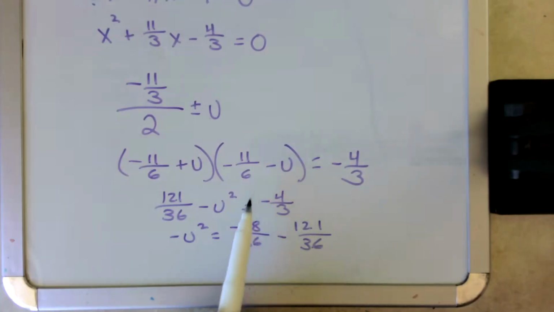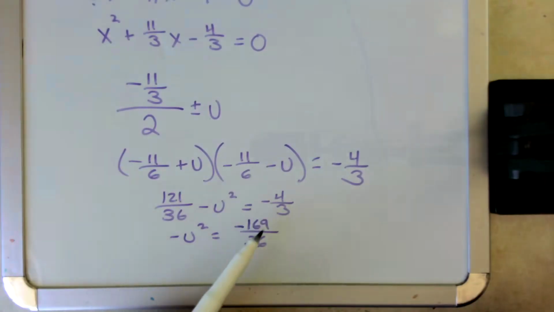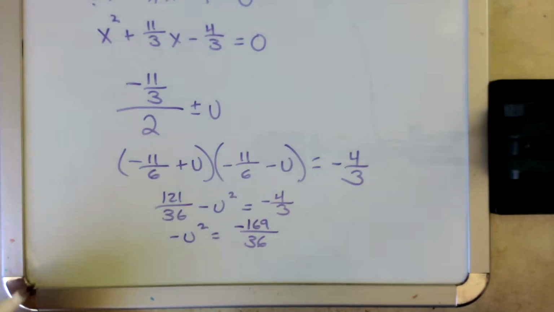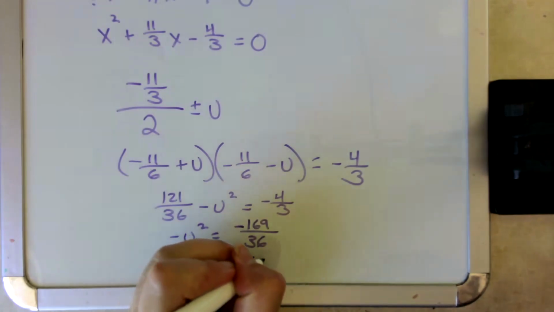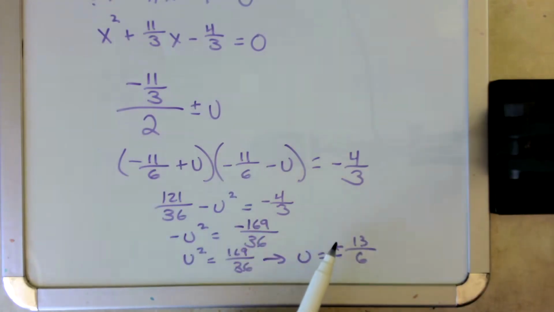I took my negative 4 thirds and multiplied top and bottom to get the same denominator here. And so now this condenses to negative 169/36. I divide both sides by negative 1. I square root both sides. So I find that u equals plus or minus 13/6.